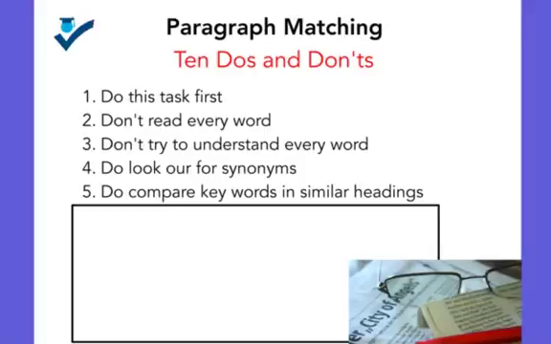Now, if there are 2 or 3 headings that are very similar to each other, what you're going to have to do is maybe write the heading number next to the paragraph in question, and then go back to the list of headings, look at the two headings again, and see what makes them actually close to each other in meaning, but not exactly the same meaning.